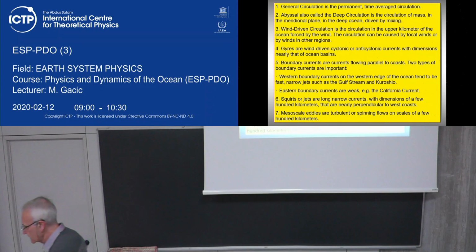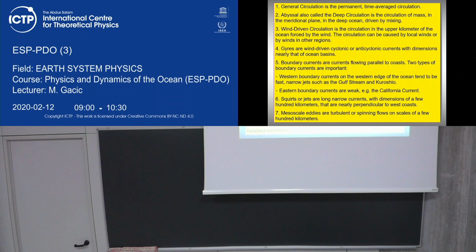In function of the forces, there is also the characteristics of these motions, because they have a different temporal and spatial scale in function of the forces which are acting.